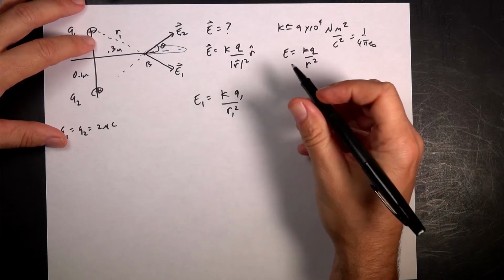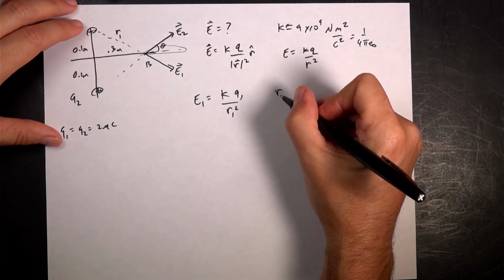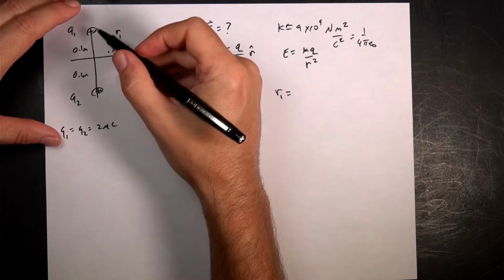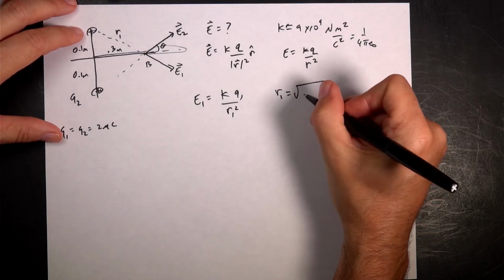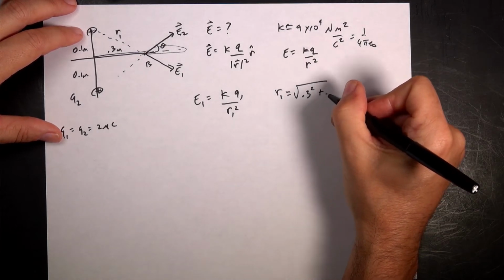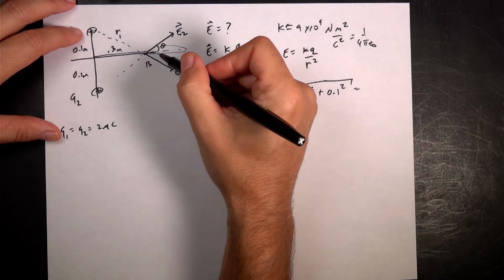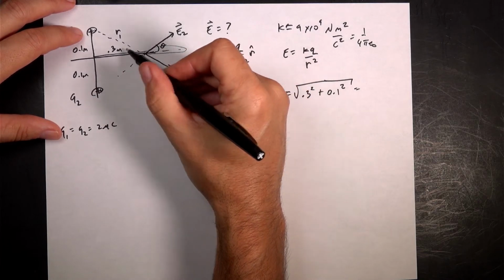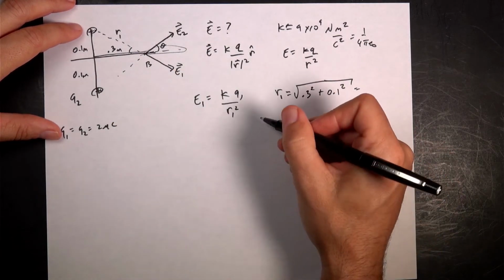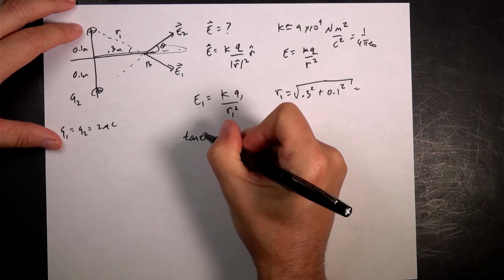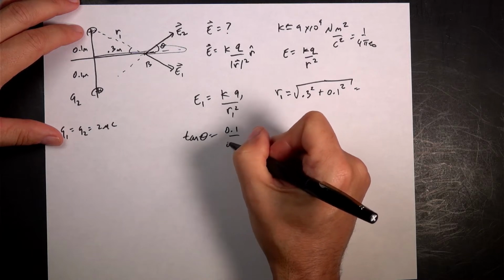Now, what's R1? Well, I'll just use numbers because I think that'll be easier here. R1, the magnitude, is going to be equal to, this is a right triangle, so I know this side's 0.3, that's 0.1, so R1 is going to be the square root of 0.3 squared plus 0.1 squared. So I know the value of that. Now, I also need to know this angle theta. If you look right here, I have a right triangle. So I can say tangent of theta is equal to the opposite over adjacent, so it's 0.1 over 0.3.